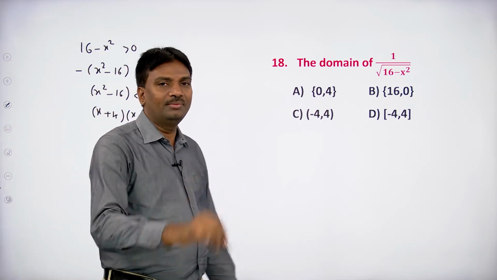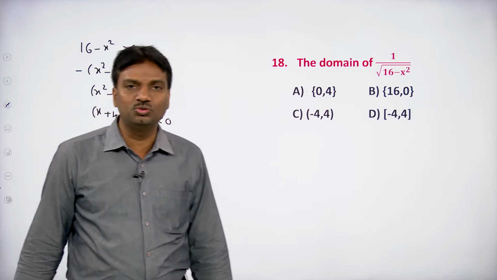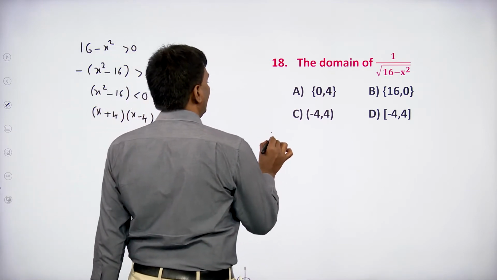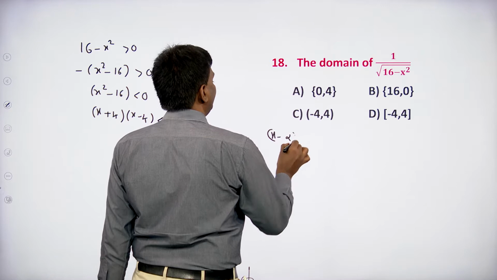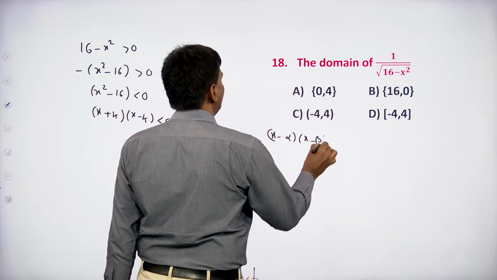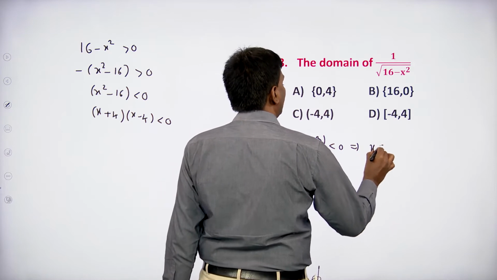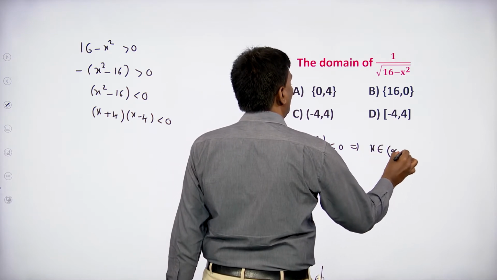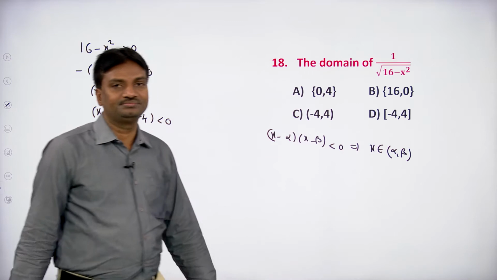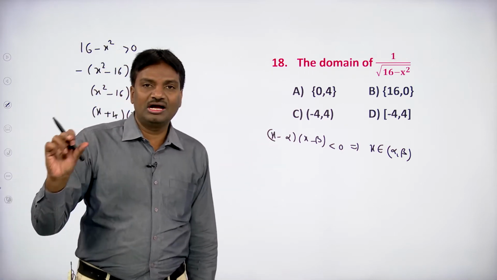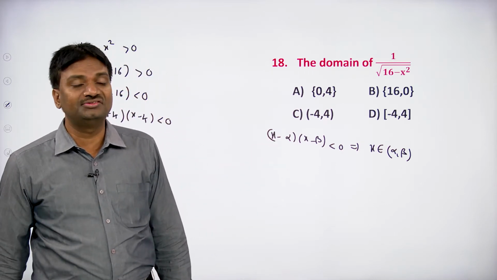So we know the formula: if alpha comma beta belongs to R and alpha less than beta, then x minus alpha into x minus beta less than 0 implies x belongs to the open interval alpha beta. So we have this formula where alpha, beta are real numbers and alpha less than beta.